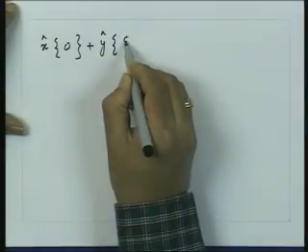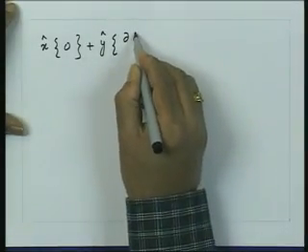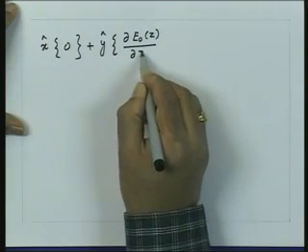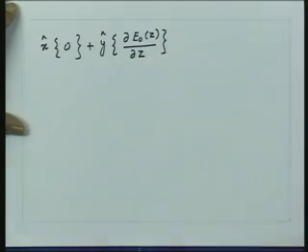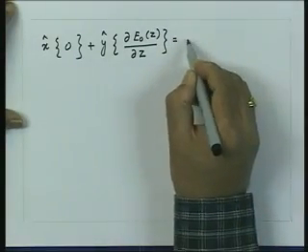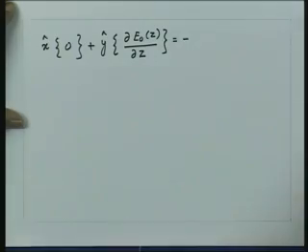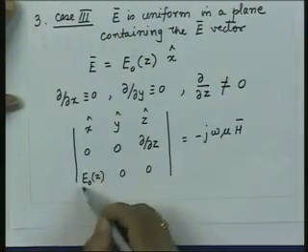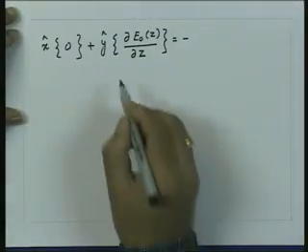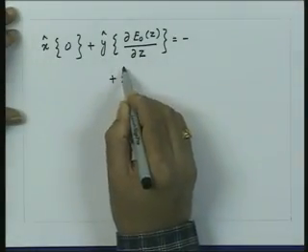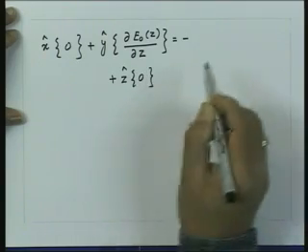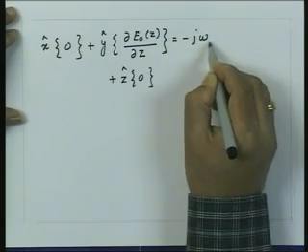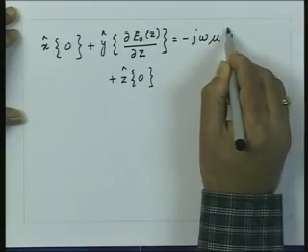So, this will be dE0z by dz, that is equal to minus, and the z component will be this minus this, which is 0. So, the z component is 0, that is equal to minus j omega mu into h.